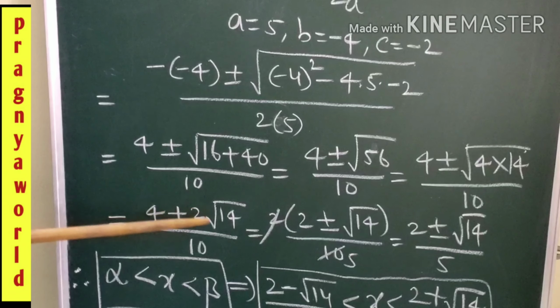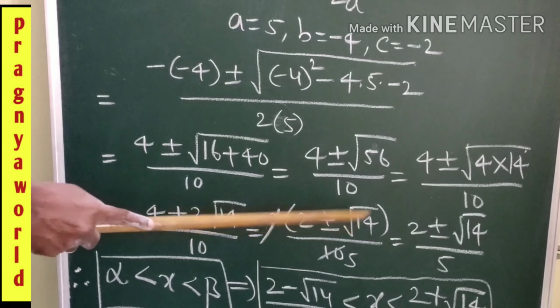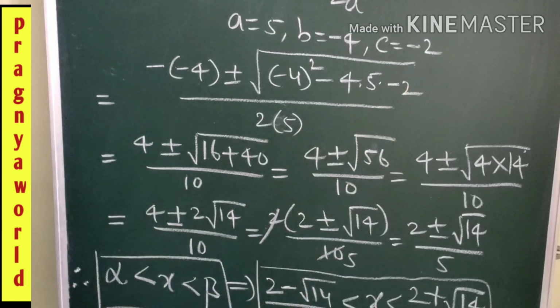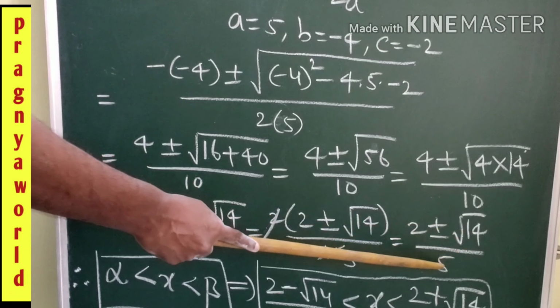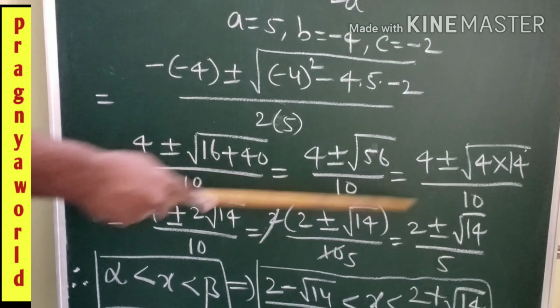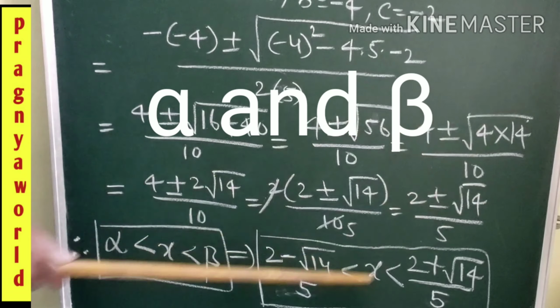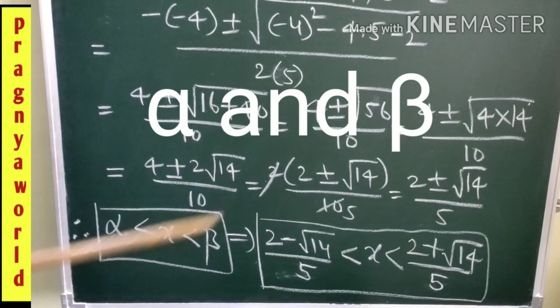Taking 2 common, 2 of (2 plus or minus root 14) by 10. So 2 ones are 2, 5 twos are 10, that is equal to (2 plus or minus root 14) by 5. Here the two roots are alpha equal to (2 minus root 14) by 5 and beta equal to (2 plus root 14) by 5.